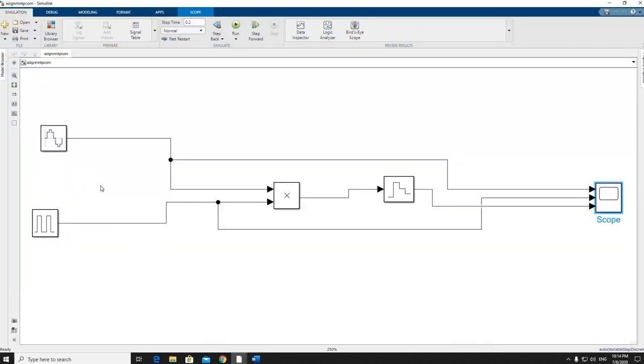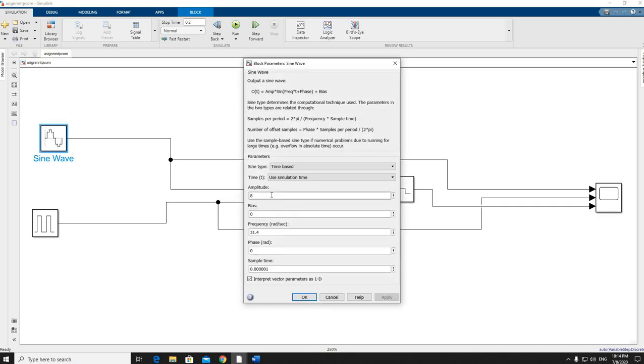This is how the circuit looks to create the pulse code modulation. The first thing is the sine wave, a normal sine wave. I set the amplitude at 8. The frequency is 31.4 radian per second, so you have to convert from hertz to radian per second, which is 5 hertz, and the sample time I set at 0.0001.